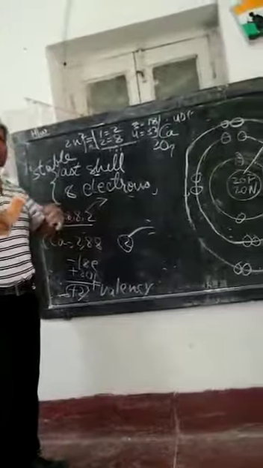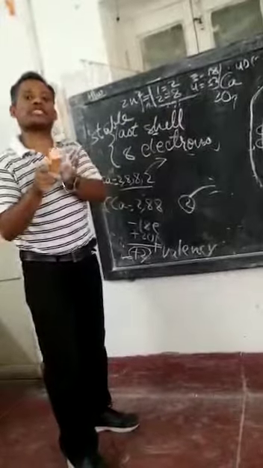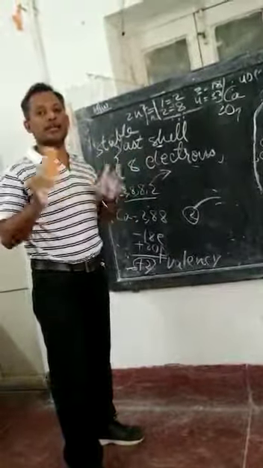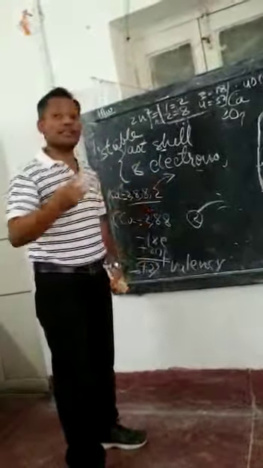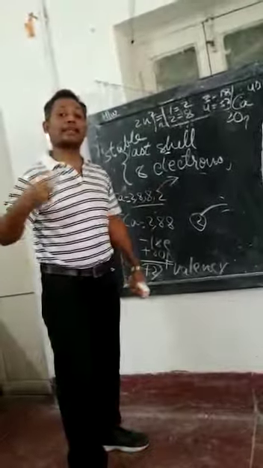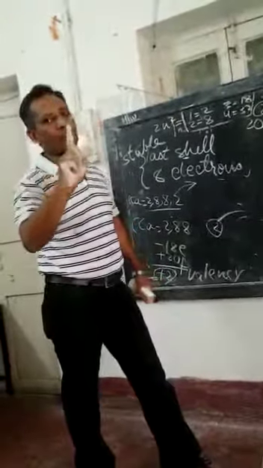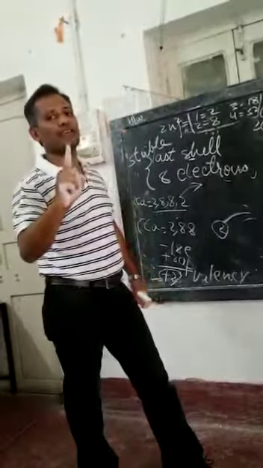To become stable, an atom either gives electrons, takes electrons or shares electrons. Sharing we are not discussing now. Either it takes electrons or gives electrons. Third point, an atom becomes stable when its outermost shell has 8 electrons or it has only one shell having 2 electrons.